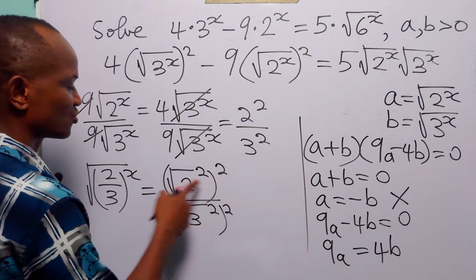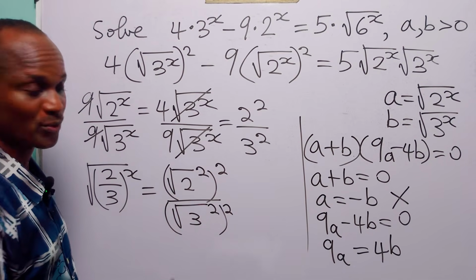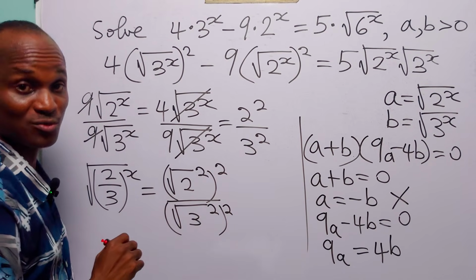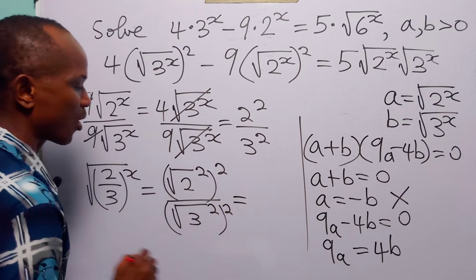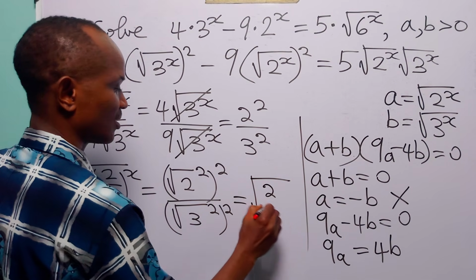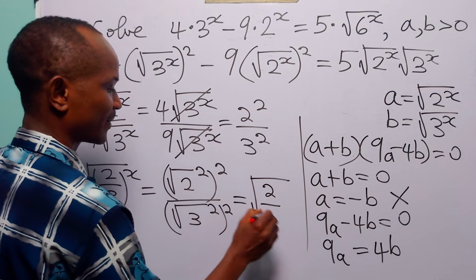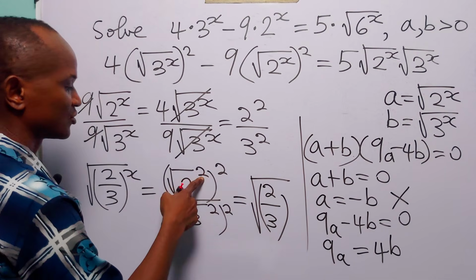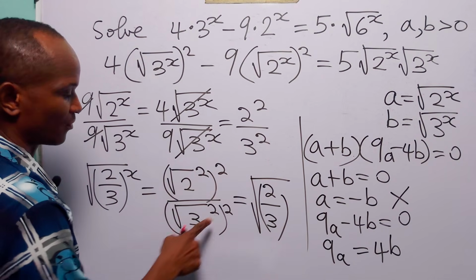And of course, you know that to open these two brackets, all we need to do is to multiply these two powers. So this is equal to the square root of 2 over 3 to the power 2 times 2 is 4.